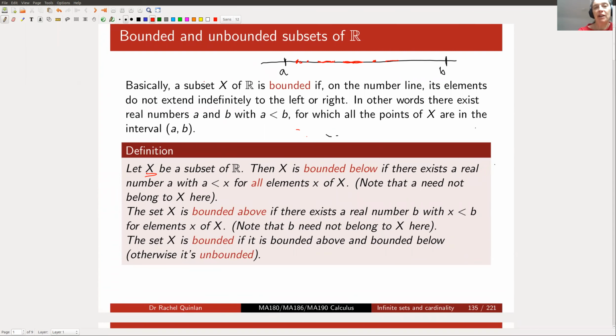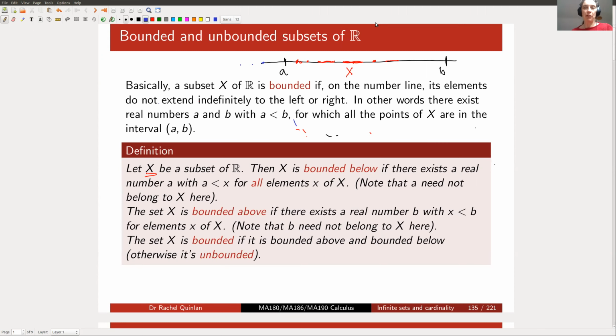And of course, if there is such a number A, for example the one that's labeled there as A, then A is in this case called a lower bound for X. The elements of X are supposed to be indicated by the points that are colored red. So if A is a lower bound for X, then any point to the left of A is also a lower bound for X. Okay, so basically, if a set has a lower bound, it'll have lots of lower bounds.